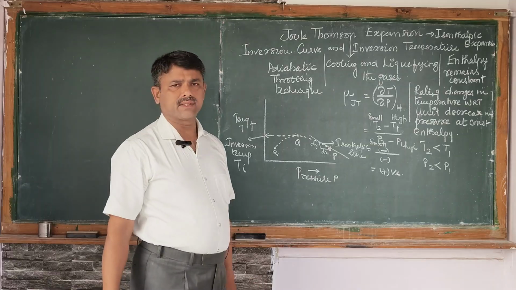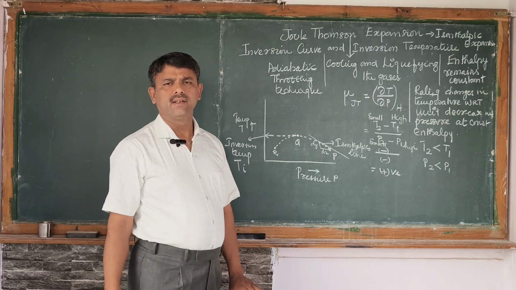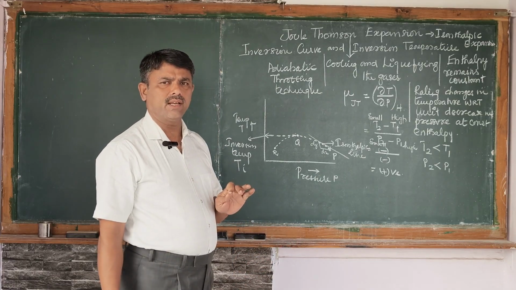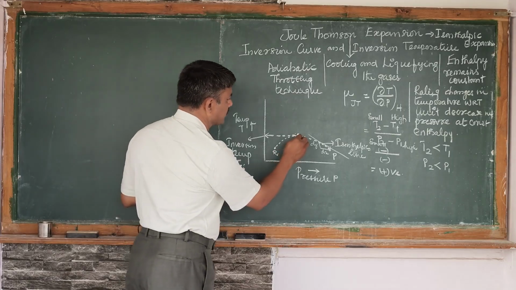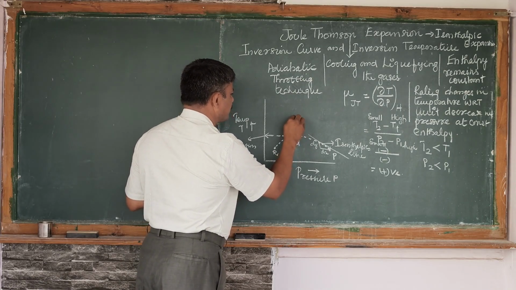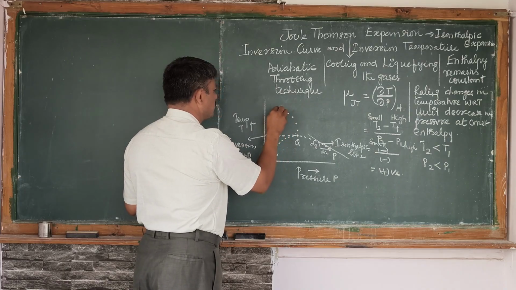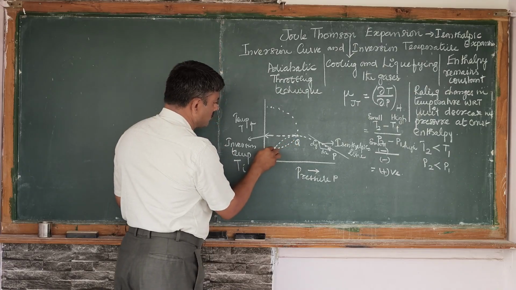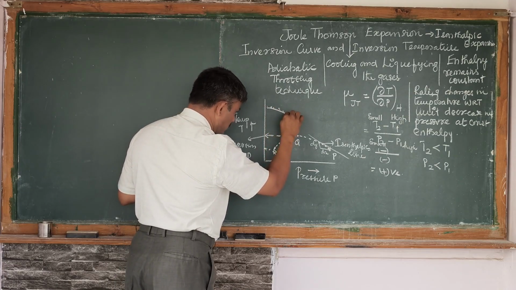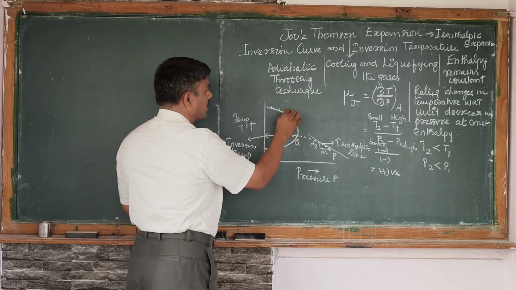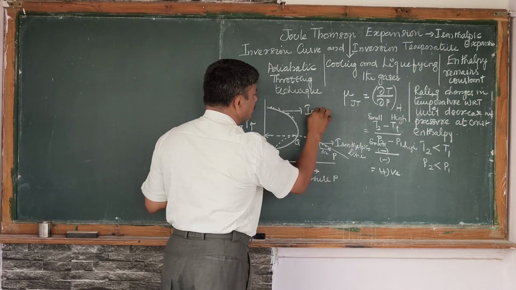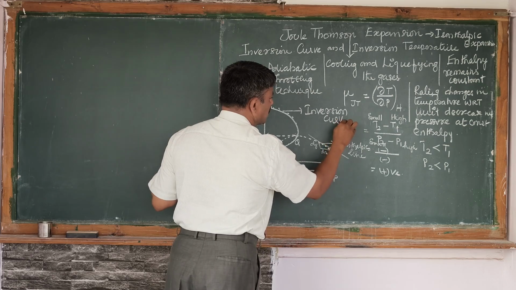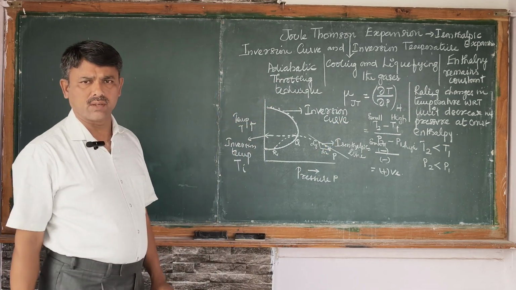For different kinds of gases, perform this experiment. Find the temperature where the Joule-Thomson coefficient is 0. Join the points, the locus of points. This curve is called the inversion curve.